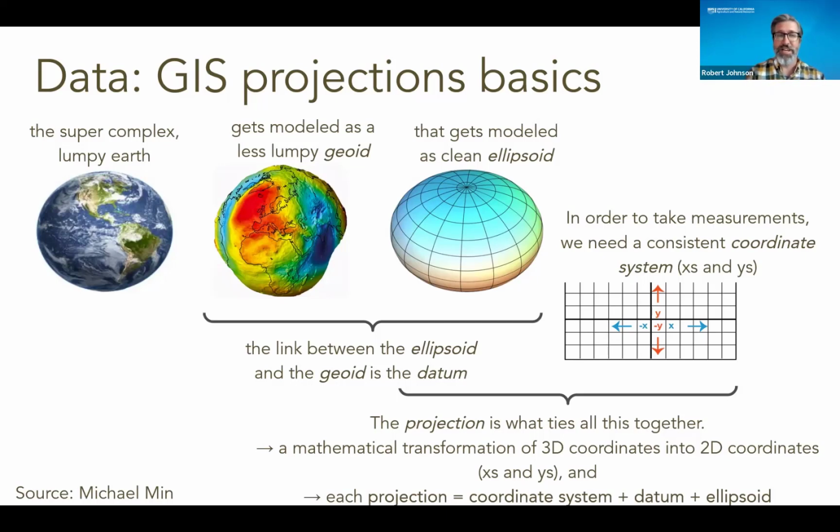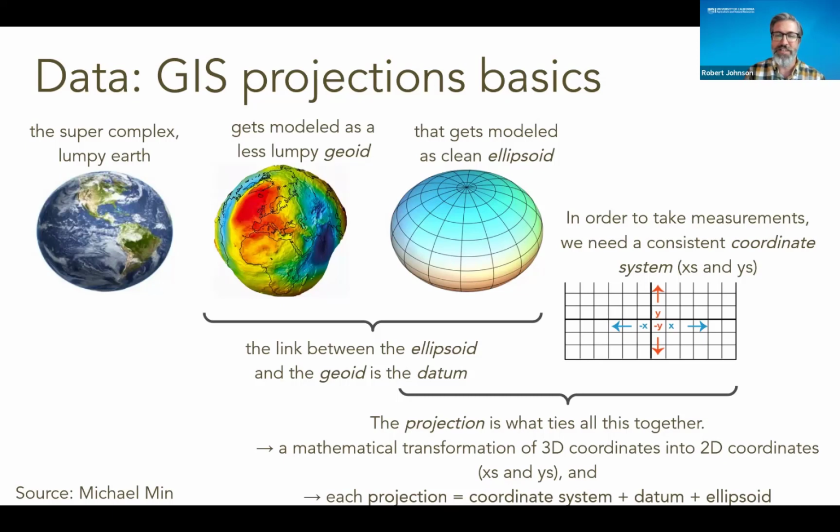And so in order to put it onto a two-dimensional map, either a paper map or a web map on your computer monitor, which is still a two-dimensional environment, first we have to do a little bit of mathematical transformation to take that weirdly shaped lumpy object, smooth it out a little bit, apply a coordinate system to that, and then bring it down onto your two-dimensional plane.